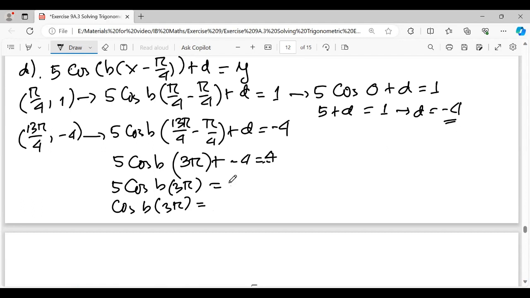Okay, negative 4 this one. So this is 0. Okay, I have to fix this first.